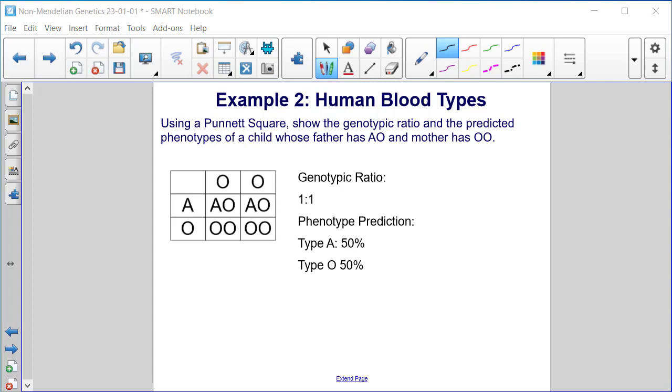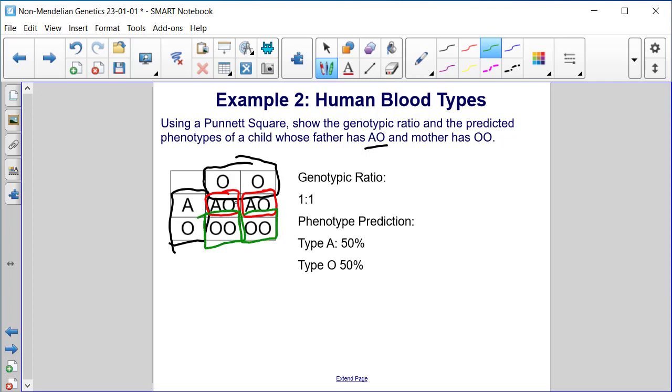All right, so if the father is AO and the mother is OO, what blood types could result? So we could have AO, OO, OO.